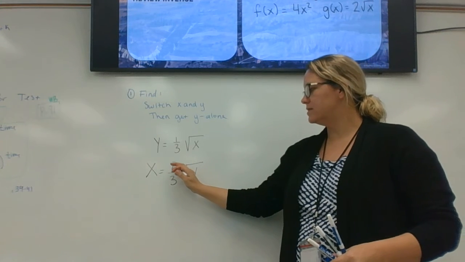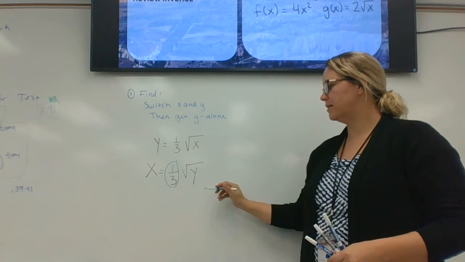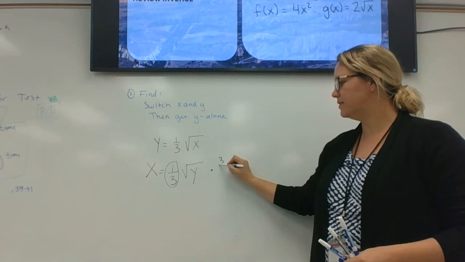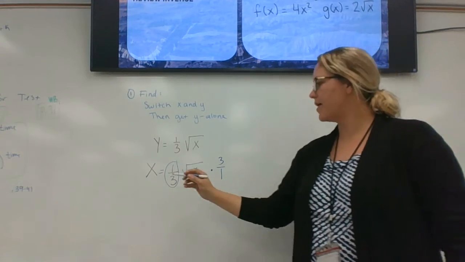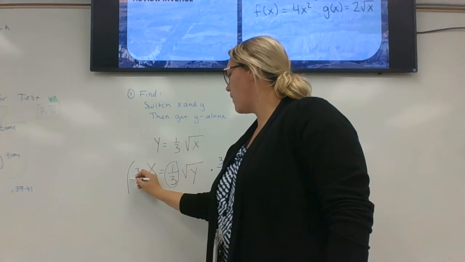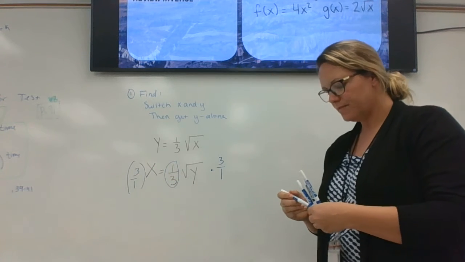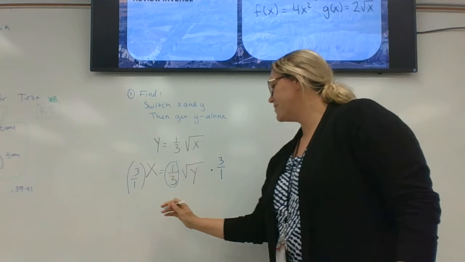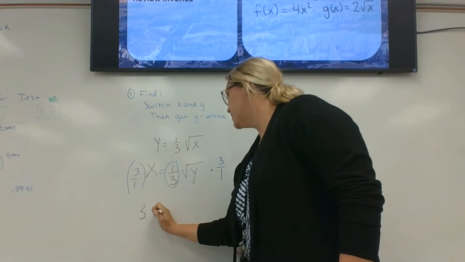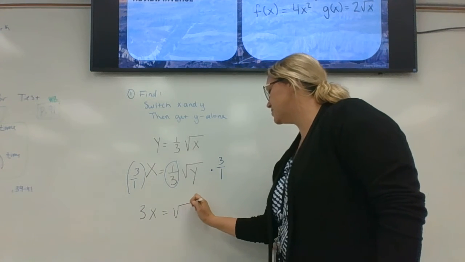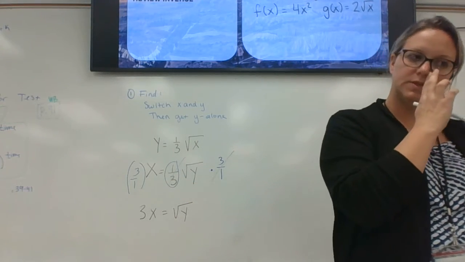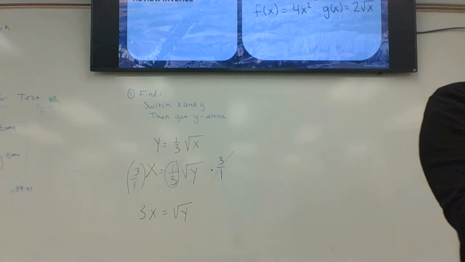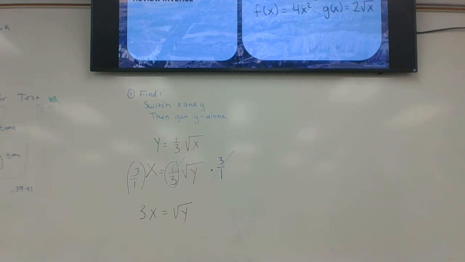So here we're going to cancel this fraction. We're going to multiply by the reciprocal. 1/3 times 3/1 is 1. So 3x equals the square root of y. Cancel the 3's. And what would we do next to get y alone? Savannah?